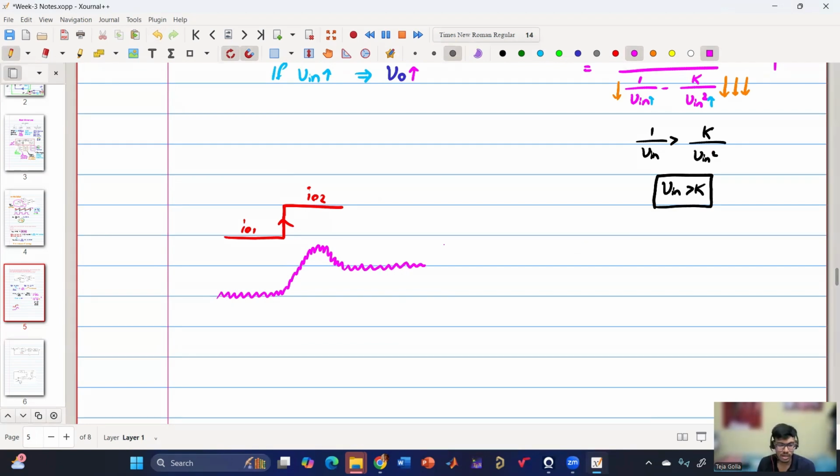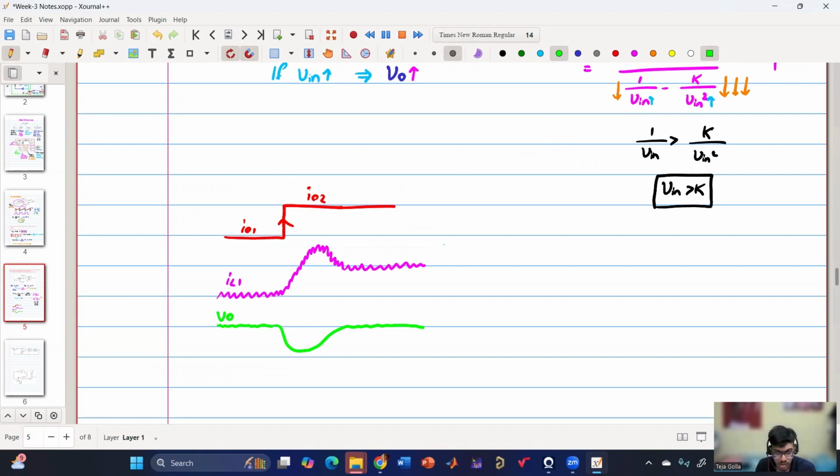I am considering a buck converter because it is simple to understand. So this is my inductor current. Initially it is supplying this load current and now it has changed. Now my output voltage, which also has some ripple, will see some undershoot and then again come back. So this is my output voltage.